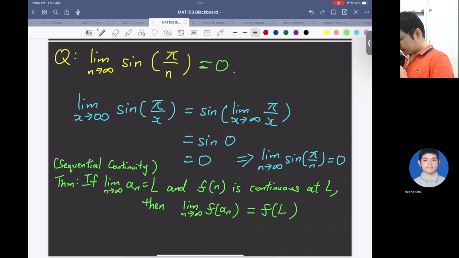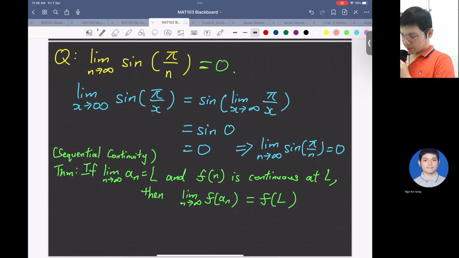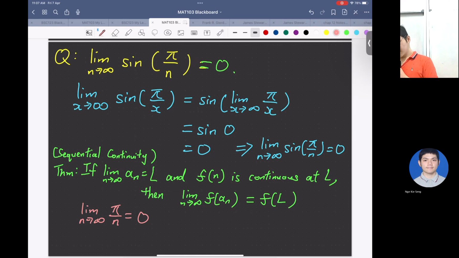So in this case here, how do you apply this theorem? Pi over n becomes your sequence here, going to zero. And what's your f here?